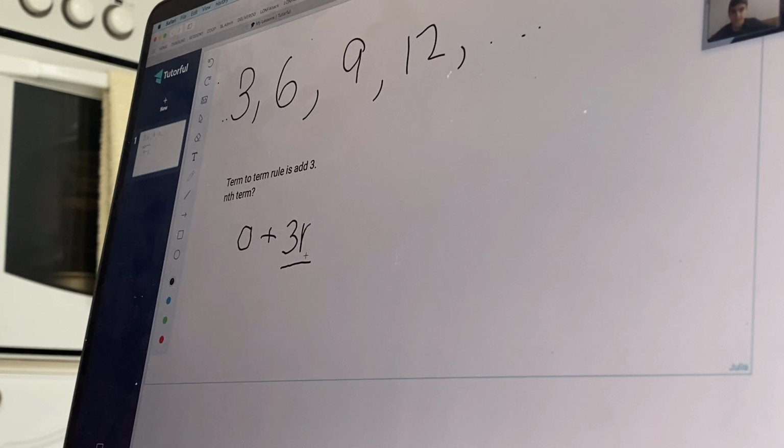How can we simplify that? Do we need the plus 0? No, just 3n. Yeah, perfect. So what we notice here is that our term-to-term rule is adding 3 each time.